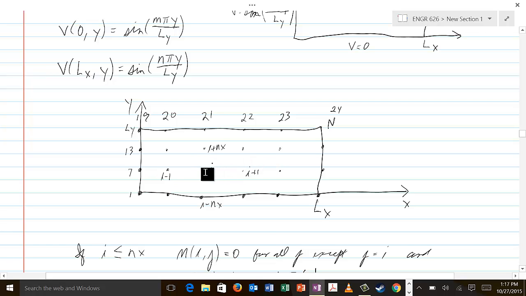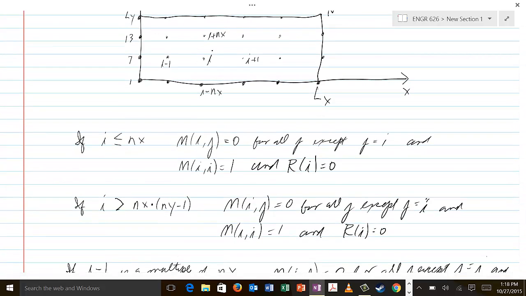And when we write the expression for the partial derivative in the y direction, we need to know the node numbers for the nodes to the top and bottom of this node. So that's why we need to identify from the very beginning, once we're at a node, what the surrounding nodes are to the right, to the left, above, and below.